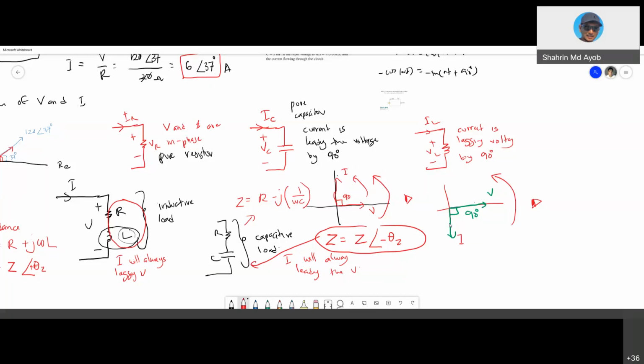For the capacitor, you will see the current first and then after that the voltage. So that's why for the pure capacitor load, the current will always lead the voltage by 90 degrees. And for the inductor, the current will always be behind the voltage by 90 degrees. I hope that clarifies your understanding.